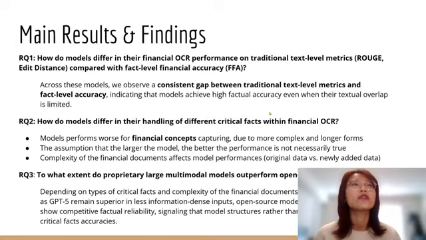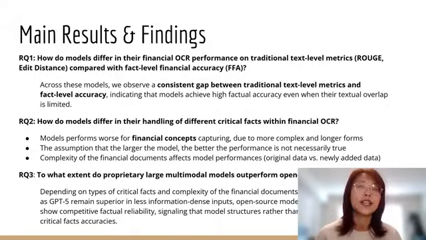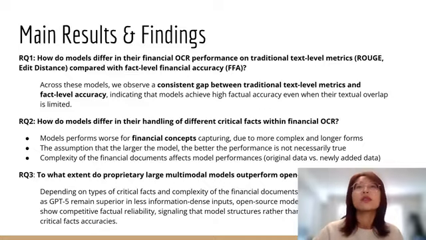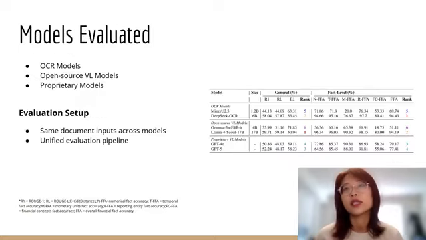And here we have three research questions that we wanted to find out, which are reflected in the tables that we just saw for the results. The first question is, how do models differ in their financial OCR performances on traditional text level metrics versus the fact level metrics? Going back to our results, we can see for the general metrics, there is absolutely a gap between it and the fact level accuracies.